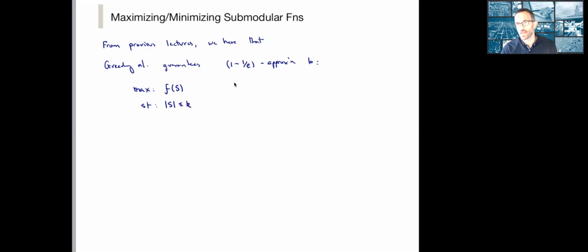This is another way of saying that S has to belong to the independent sets of the uniform Matroid. So this is a uniform Matroid constraint, when f satisfies two properties: it's submodular, and in addition to that, it's monotone. And you can look back to that lecture where we give the proof and see exactly where submodularity is used, and where monotonicity is used.